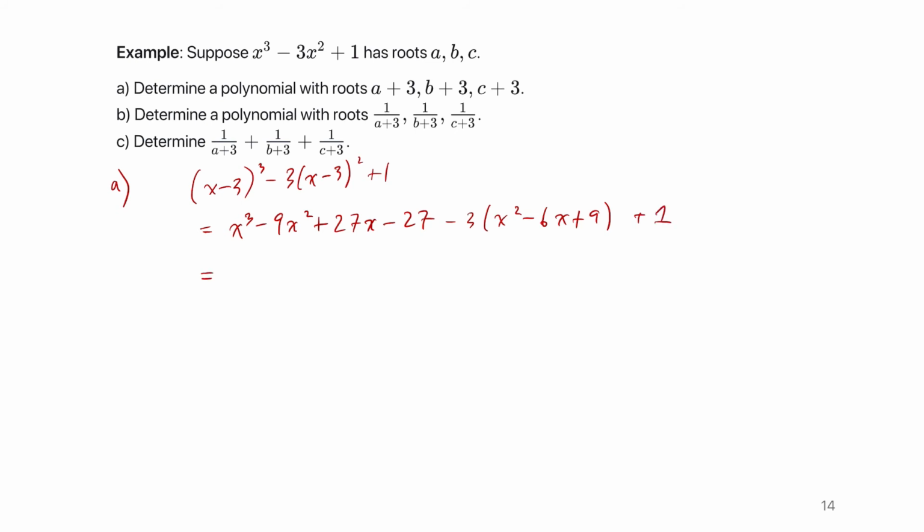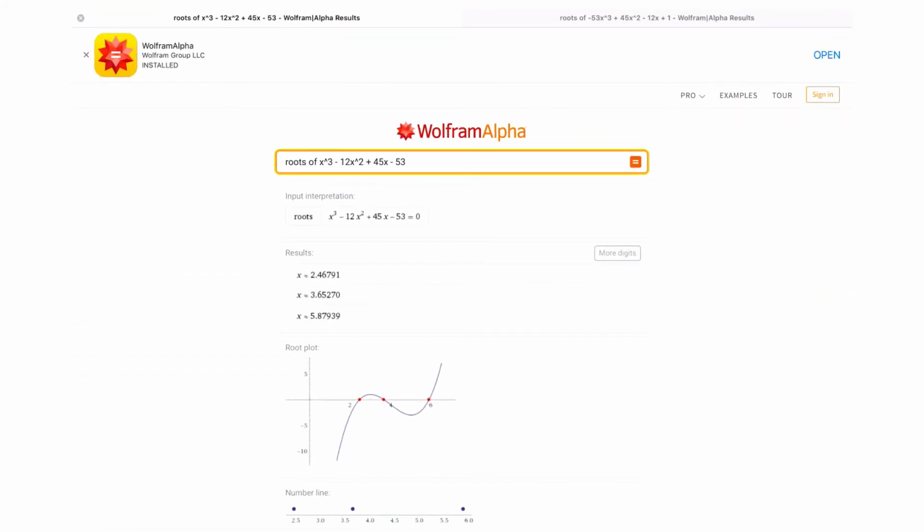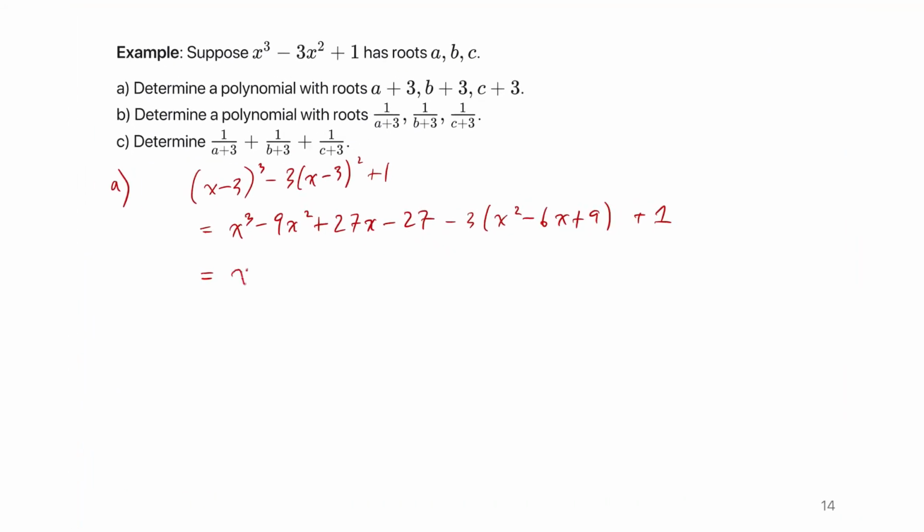And whatever, let's just jump to Wolfram Alpha, our good friend. It's x cubed minus 12x squared plus 45x minus 53. Sure, that was not really the point. The point of it was just seeing this trick. You plug in x minus 3.